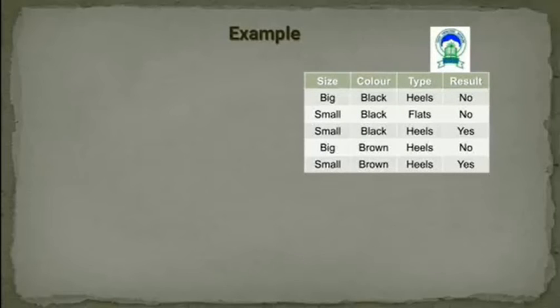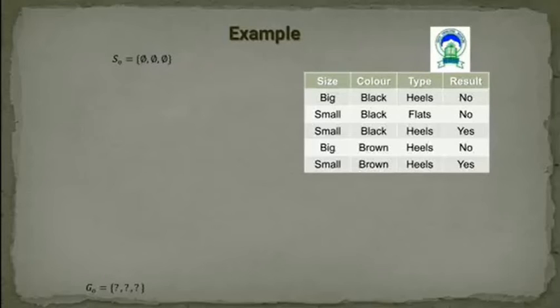In this example, we are given a table which consists of 3 attributes and the result column, and we have 5 cases. Firstly, we have to consider the initial values. We have the specific hypothesis on the top and the general hypothesis at the bottom.